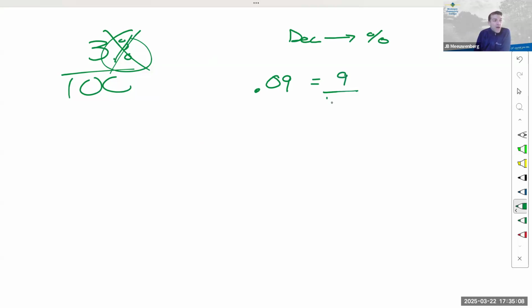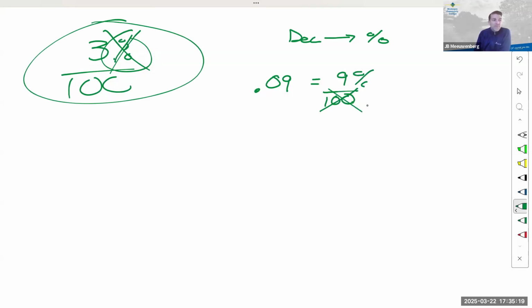We all know this is 9/100ths. So get it in that fraction form, and then you do the opposite of what we did over here. You get rid of the 100 and you add a percent sign. There you go.